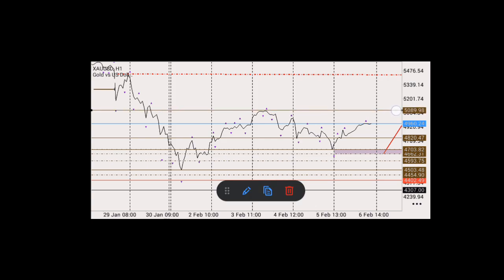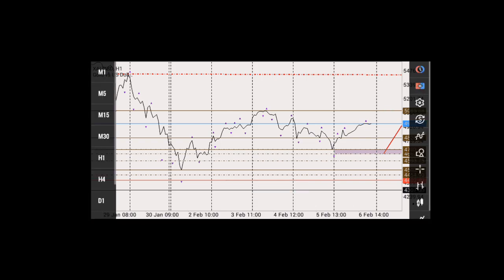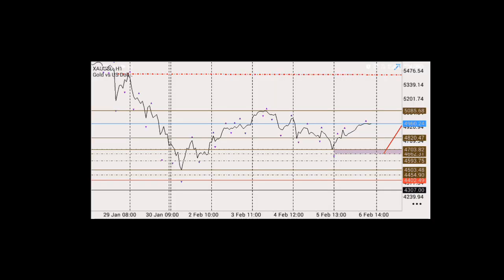So anything above here gives us the courage that price will get to this place, to this place. So what we now need is a pullback, because if we can get a pullback into any of these zones for price to move up, that means that we are strongly bullish.